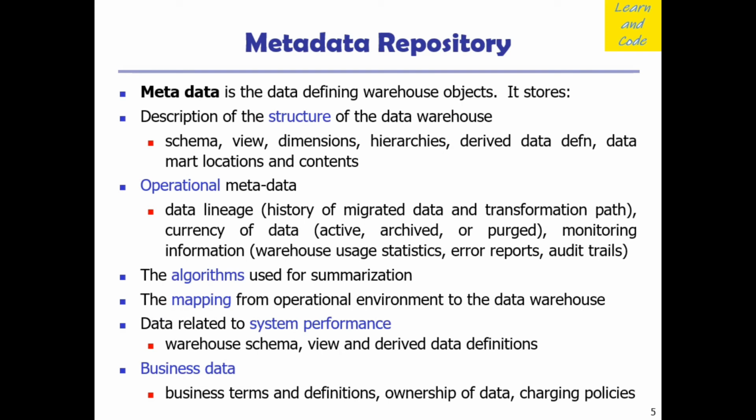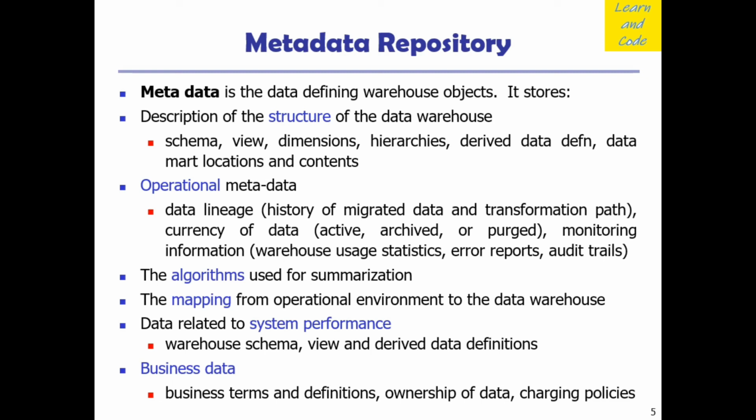The last thing is, once we have this data in the data warehouse, metadata is very important. What kind of data are we storing in the data warehouse? All the information about that has to be stored in the metadata repository.